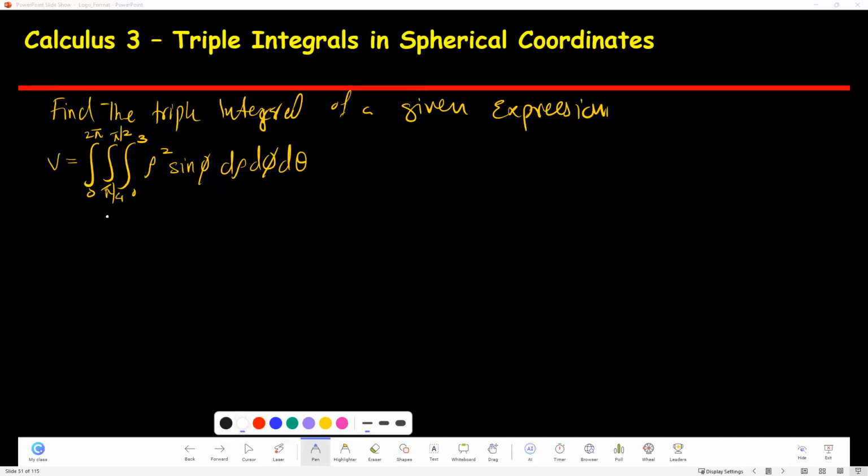So what I'm going to do is fairly simple: 0 to 2 pi and pi by 4 to pi by 2, and then inside I have 9 given directly, 9 sine phi d phi d theta.